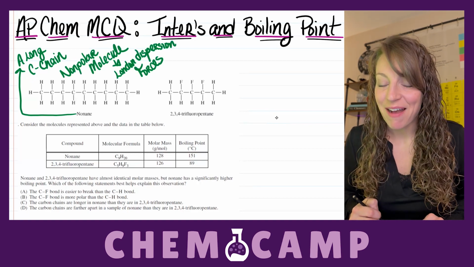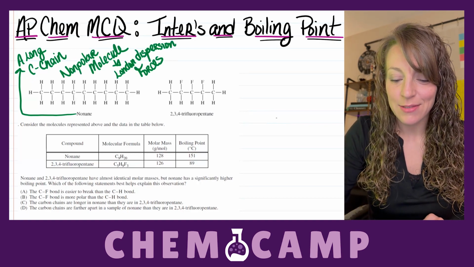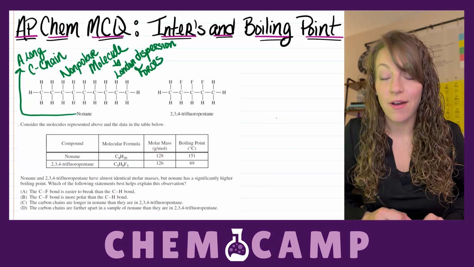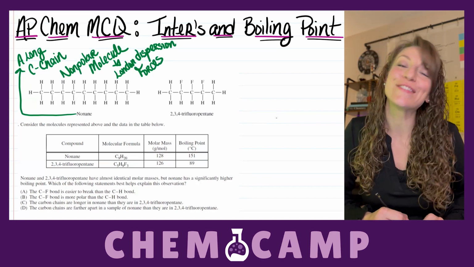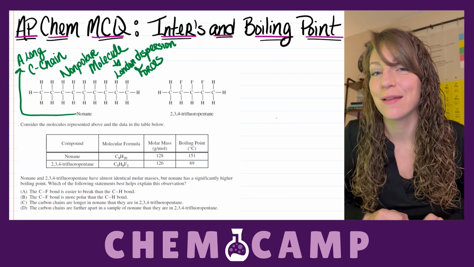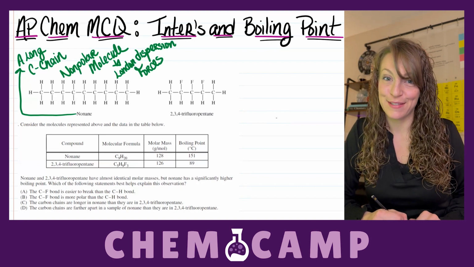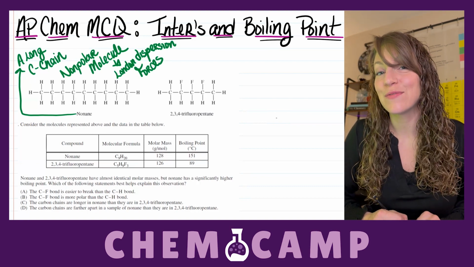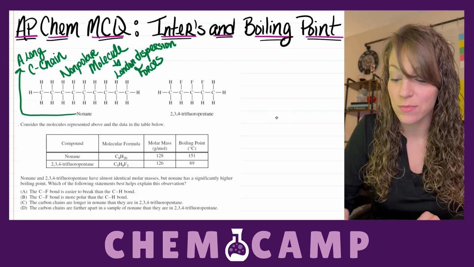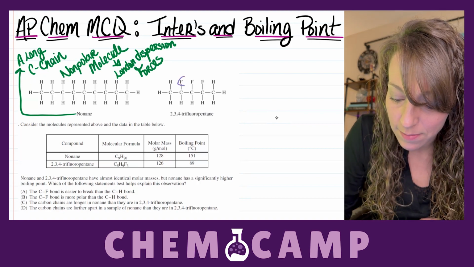The second molecule they give us here is what's called 2,3,4-trifluoropentane. So now we've got a carbon chain that's made up of just 5 carbons. Not only that, they've switched out some of the hydrogen atoms for fluorine atoms, 3 of them in fact.